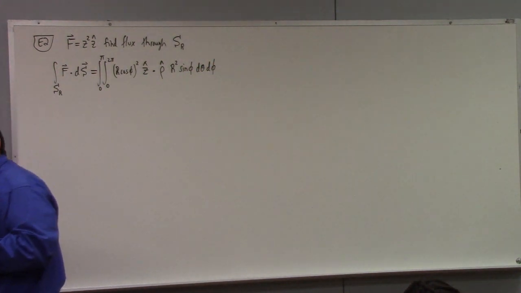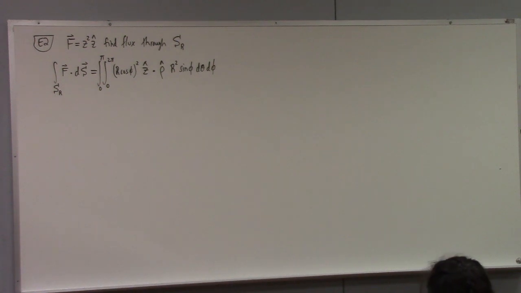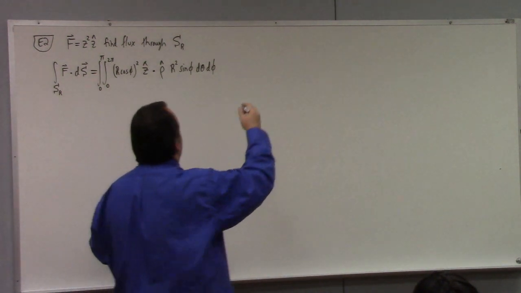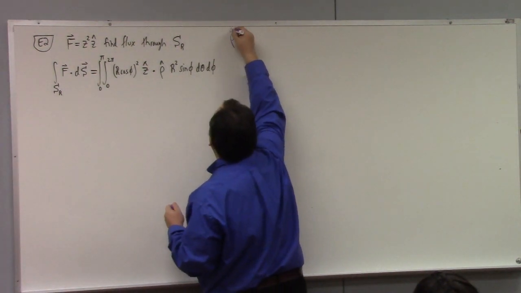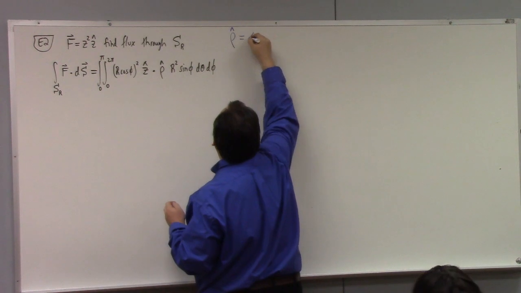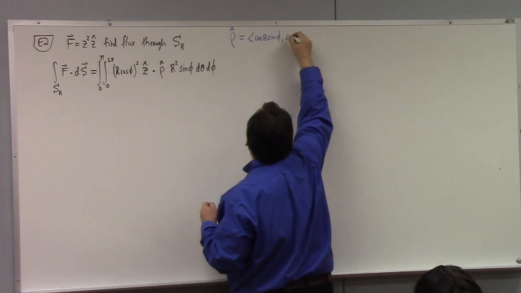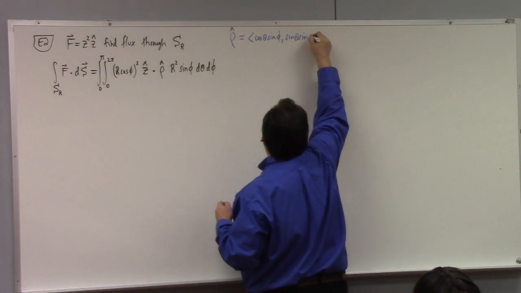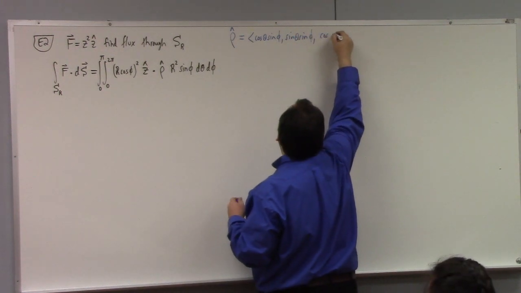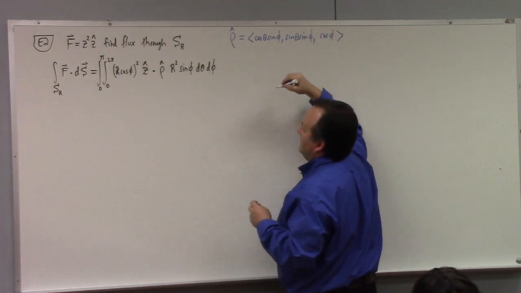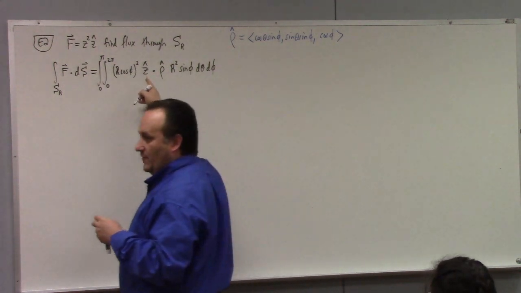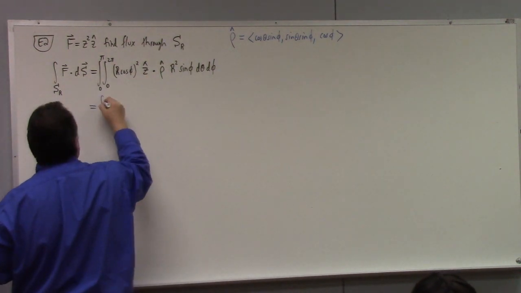What is z hat dot rho hat? What's rho hat? Something I think it would be healthy for you to think about. Rho hat is cos theta sine phi, sine theta sine phi, cosine phi. So you see z hat dot rho hat is simply cosine phi.